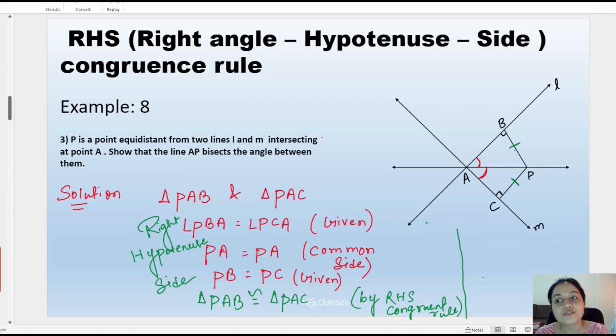So we can say from the triangle PAB, angle PAB is equal to angle PAC, and that's what we have to prove, right? Hence we are done with the proof.